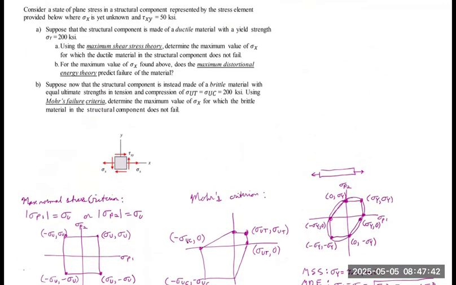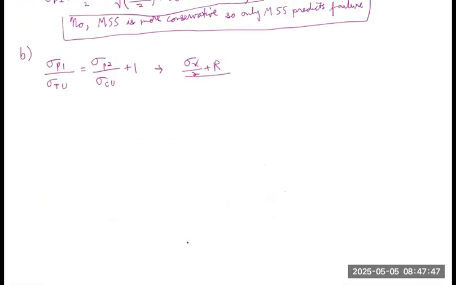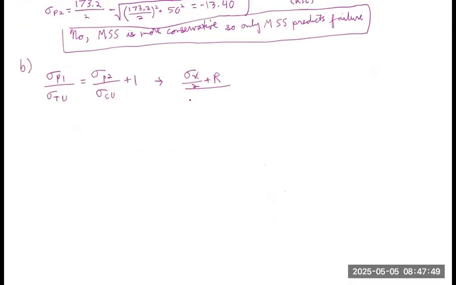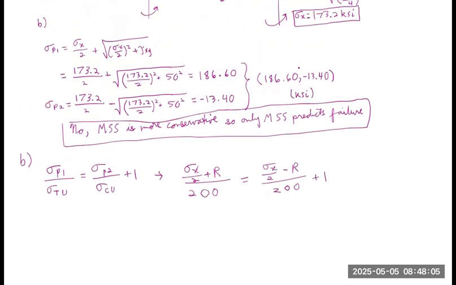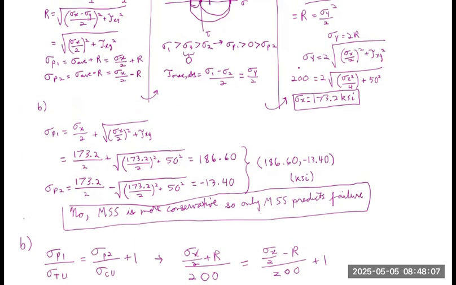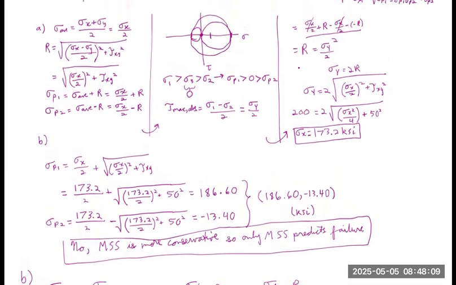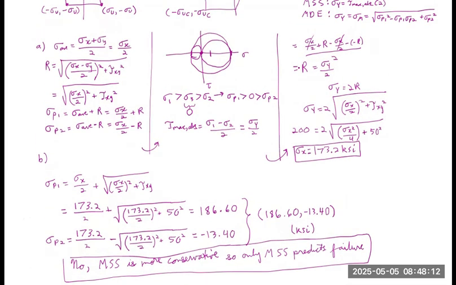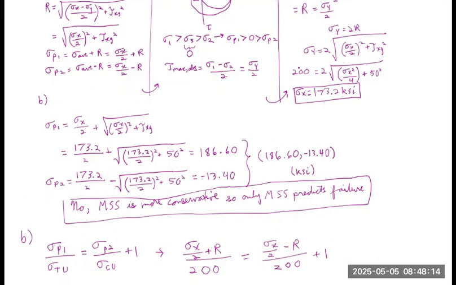Sigma TU is equal to sigma UC is equal to 200 ksi. So over 200 is equal to sigma x over 2 minus R over 200 plus 1. And our value of R, I believe we solved for it earlier. No, we cannot solve for it yet.